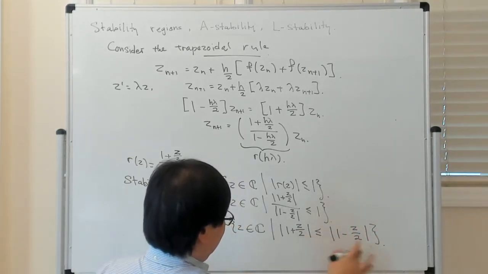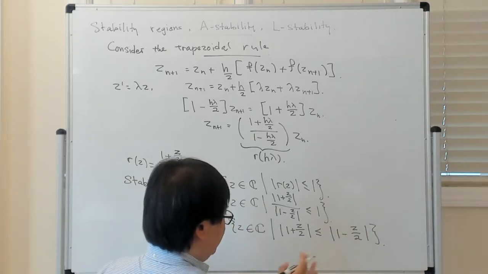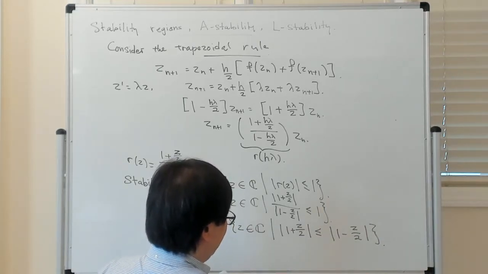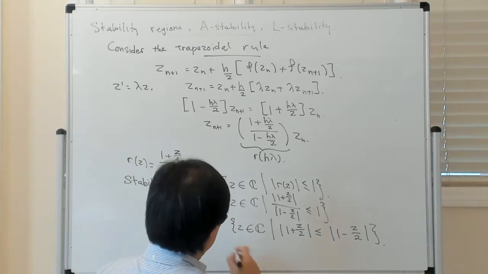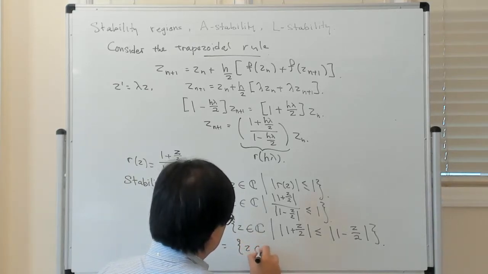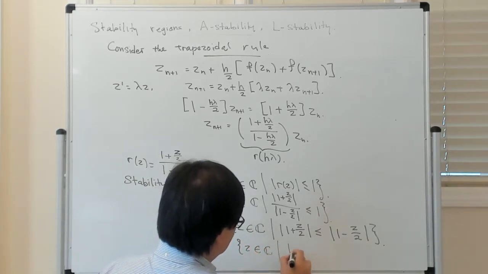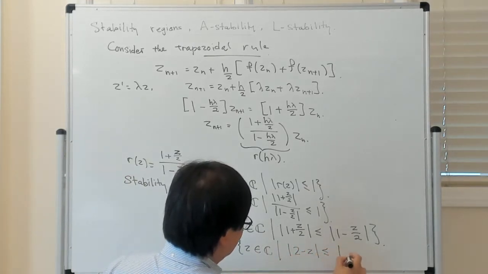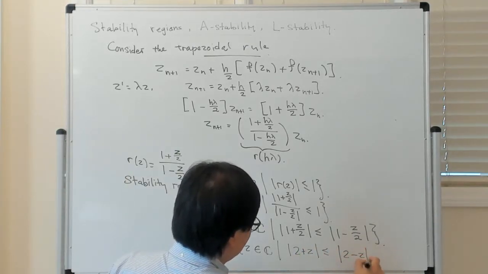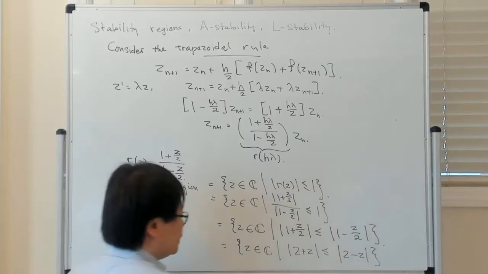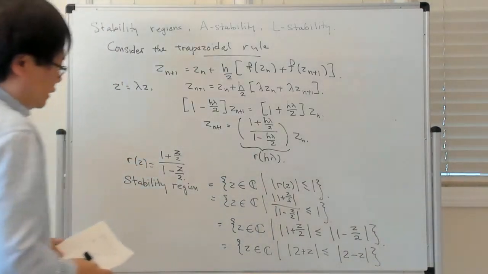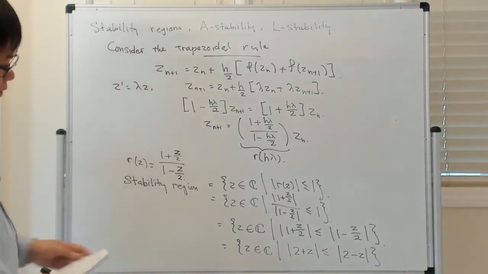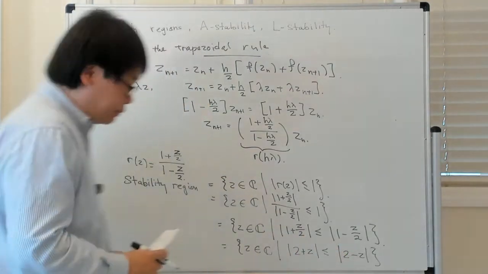Okay, and then of course I can multiply both sides by a factor of 2. This is the set of z in the complex plane such that the modulus of 2 plus z is less than or equal to the modulus of 2 minus z. All right, and then I can write down a geometric interpretation of that.